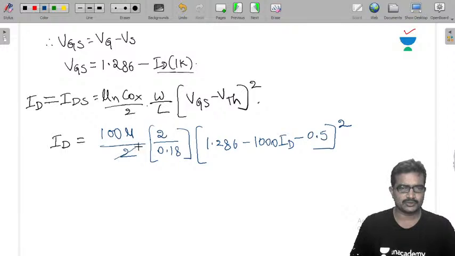Simplify this, whole square it is. Now this 2 gets cancelled. It is 10 power 4, 10 power minus 4, so it is 1800.